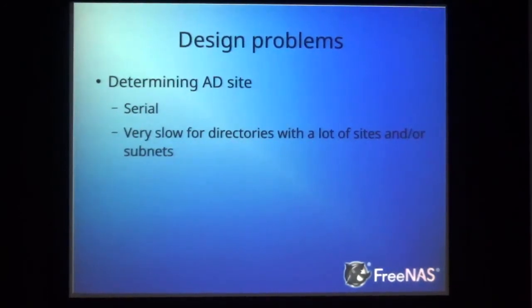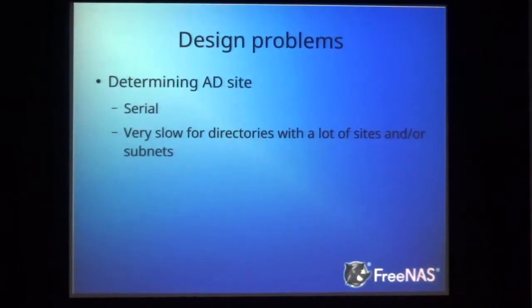And for installs where there's lots of AD sites, the algorithm that's used for determining the site needs improvement as well. For small installs, or not even small, but just cases and configurations where there's not a lot of sites, it's fine, but once you start having lots of sites and lots of subnets, it's just very slow because it's serial.